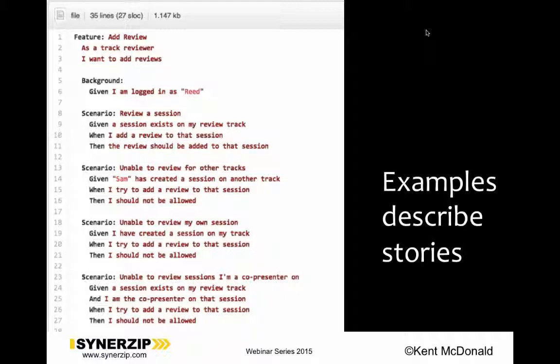It's also a great way to further describe and explain what it is you're trying to build here. And it's a great conversation tool because you can have conversations about, okay, what happens in this particular situation? Well, given this is the state that the system is in, when I do this, then this is how I would expect the system to react. So you can have those conversations, you can record that information, and these can be very easily turned into automated tests.